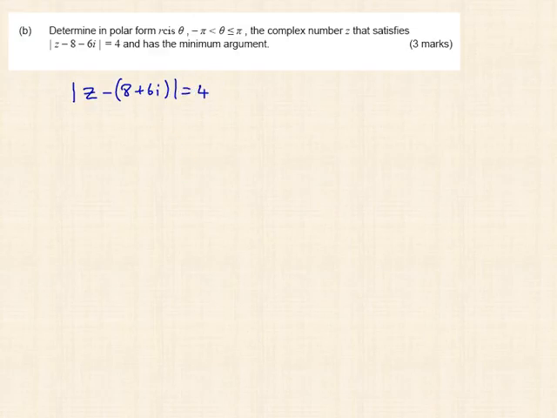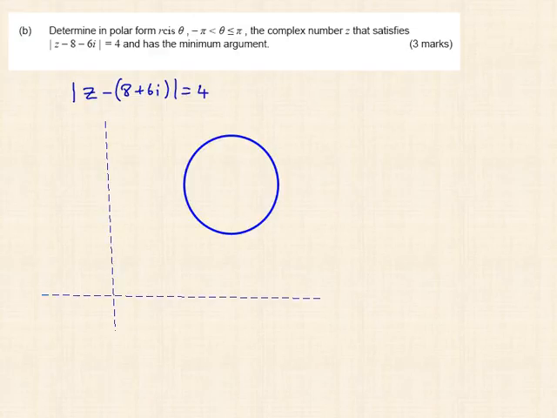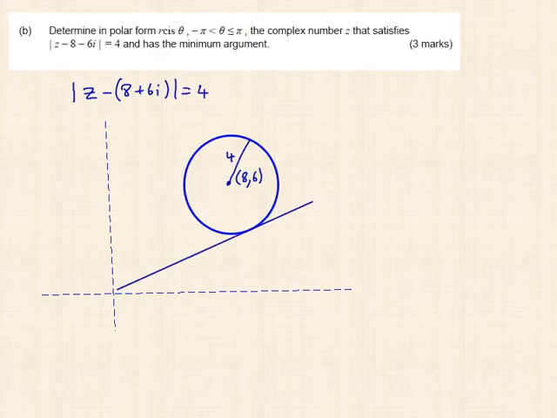If we just sketch that, here's the circle, and if we put our axes in like so, we know this centre is at (8, 6), and we know the radius is 4. Now the minimum argument is going to occur just here.